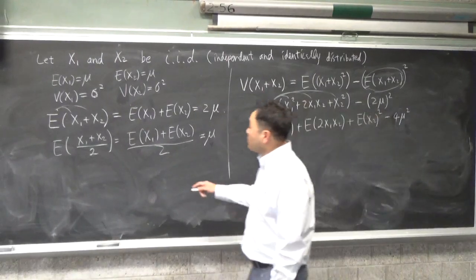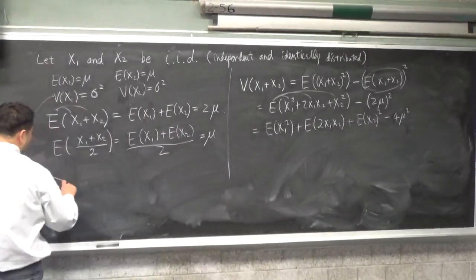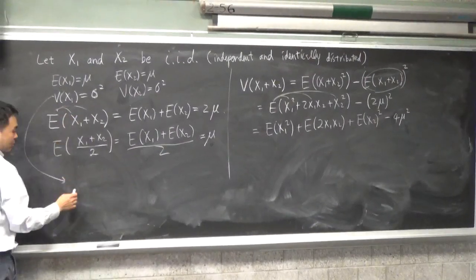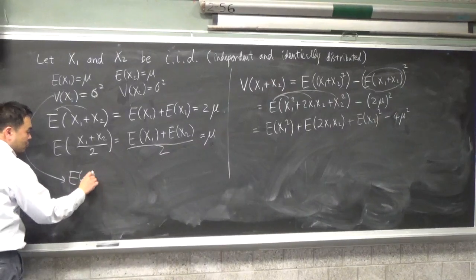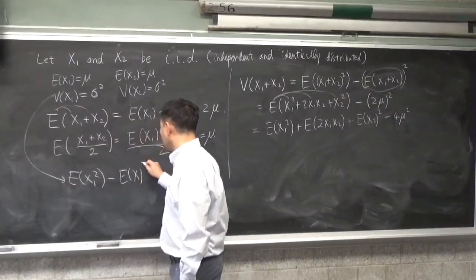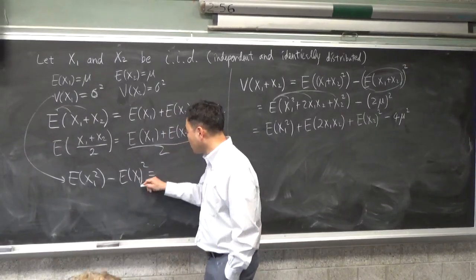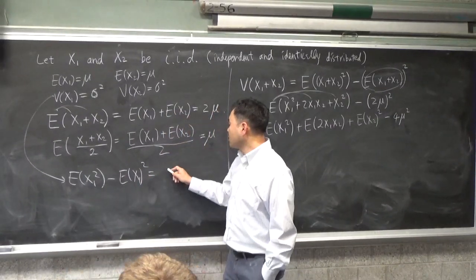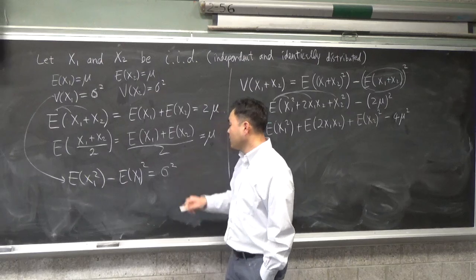All right, but let's look at this one. See, V of x1 is E of x1 squared minus (E of x1) squared, and that is equal to sigma squared.